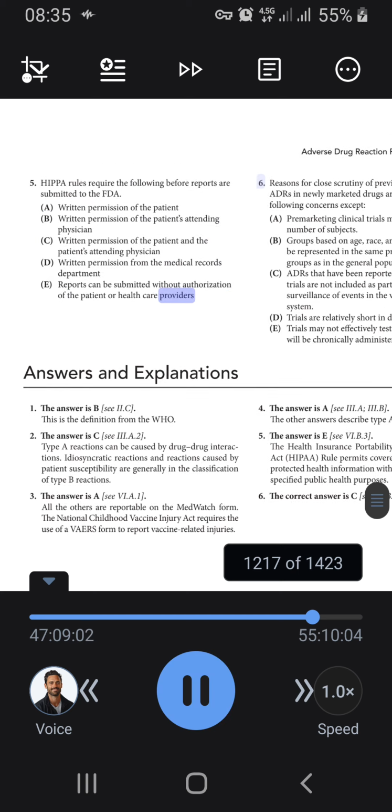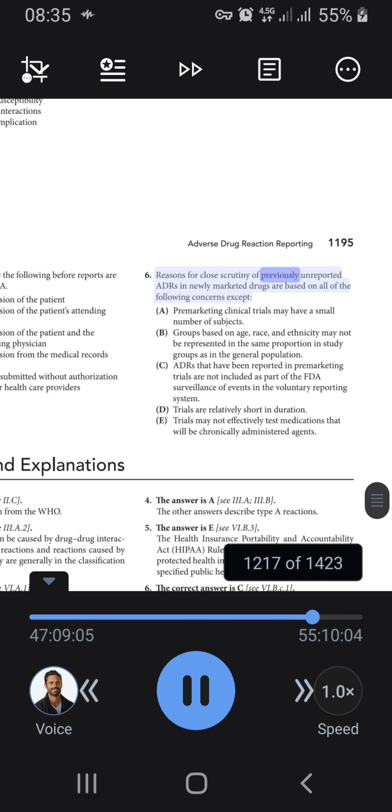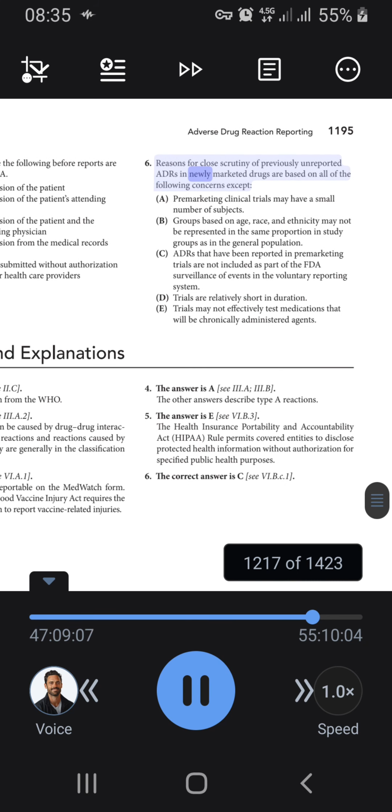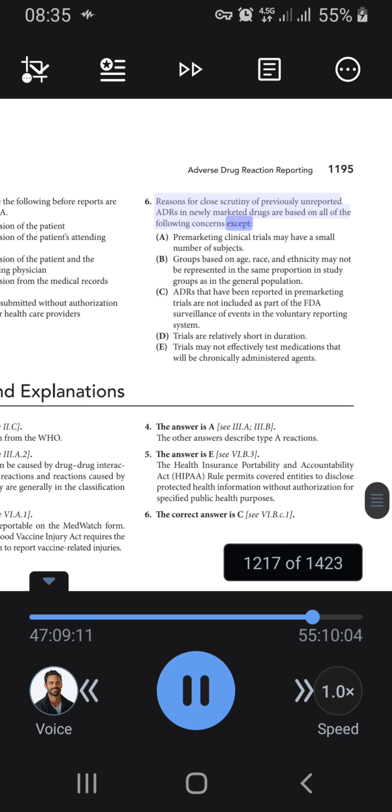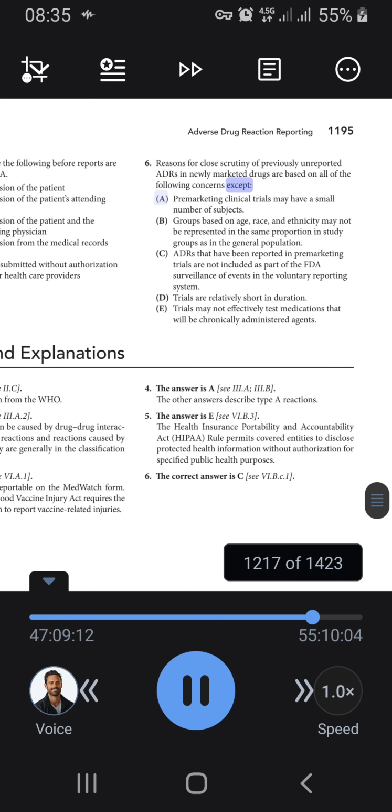6. Reasons for close scrutiny of previously unreported ADRs and newly marketed drugs are based on all of the following concerns except A. Pre-marketing clinical trials may have a small number of subjects. B. Groups based on age, race, and ethnicity may not be represented in the same proportion in study groups as in the general population.